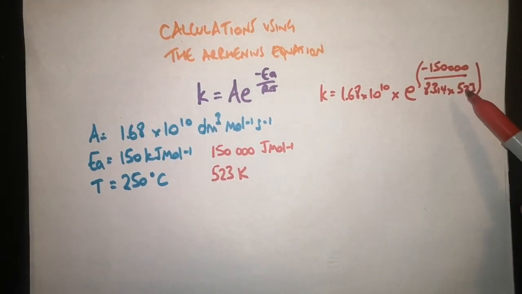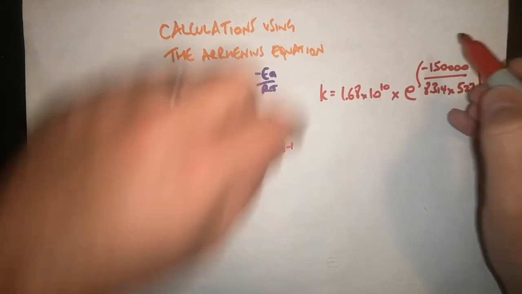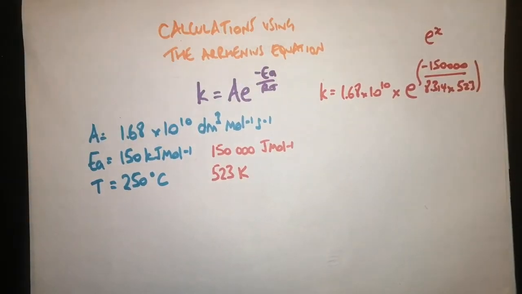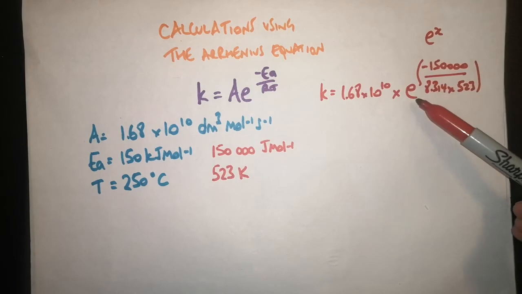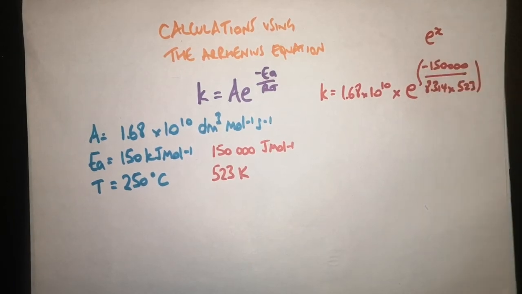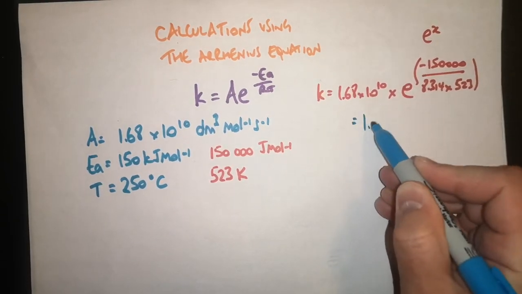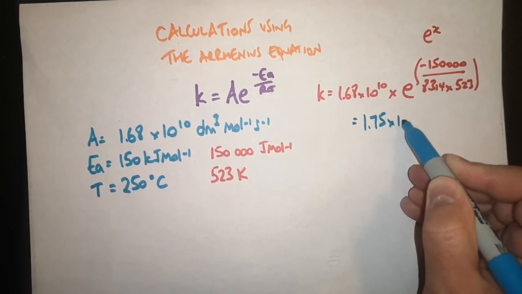Remember, that's a power, so when you put it in your calculator, you often see there's an e to the x button. So e is the number and x is the power. If you then run that through your calculator, you should get an answer of 1.75 times 10 to the minus 5.